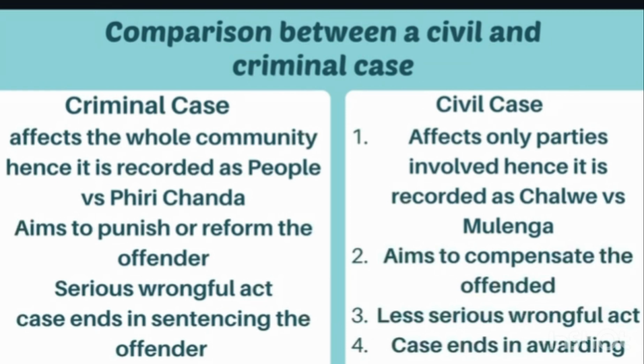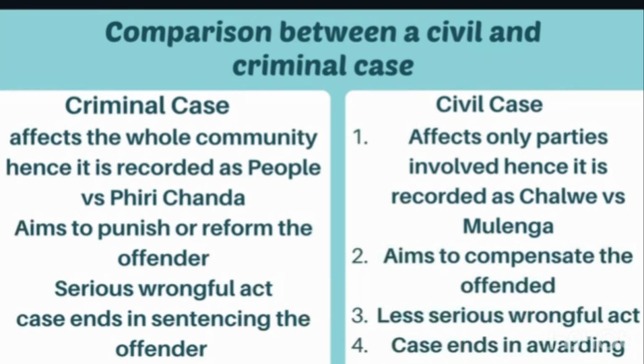So number one, a criminal case affects the interest of the whole community. Hence, it is recorded as People versus Chanda. Whereas, for a civil case, it only affects the parties involved. Hence, it is recorded as Chalwe versus Mulenga.